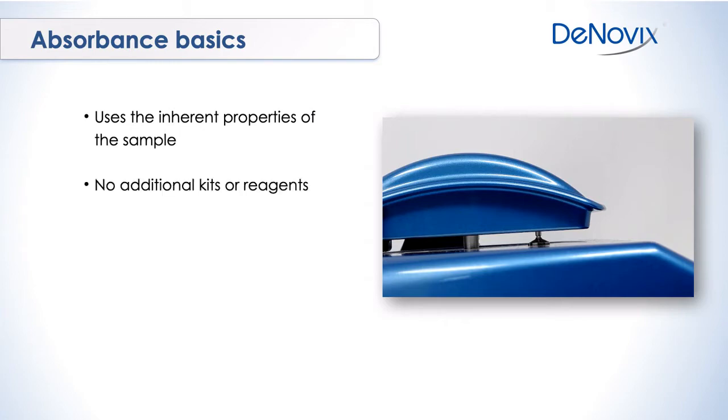And by that I mean that we don't have to have any additional kits or reagents that we add to the sample in order to do the quantification. Absorbance, as we've seen, allows us to use very small volumes of sample, so less than 1 microliter is possible with these methods. And it's a very rapid test, takes just a couple of seconds on this instrument.